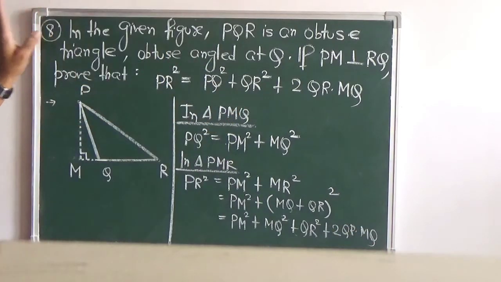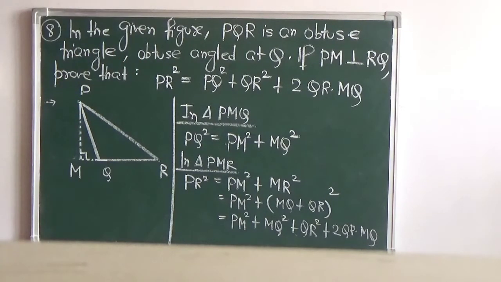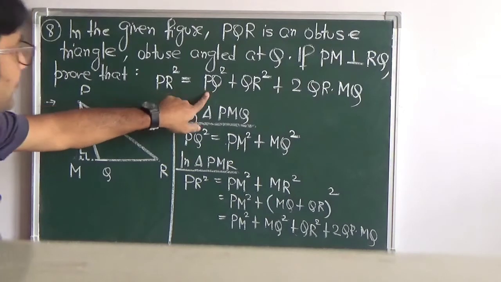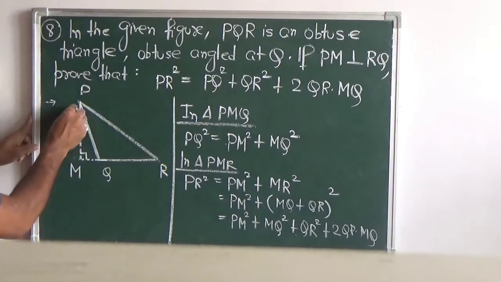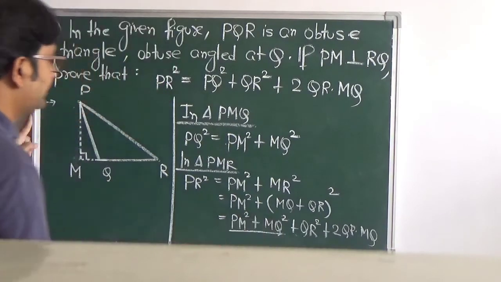Now keep track of the right hand side, what you have to obtain. We have PM square plus MQ square plus QR square plus twice of QR dot MQ. Now we need the value of PQ square. So PM square plus MQ square, this part, what is this?